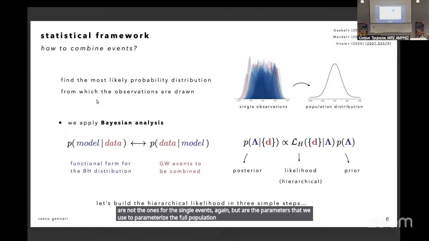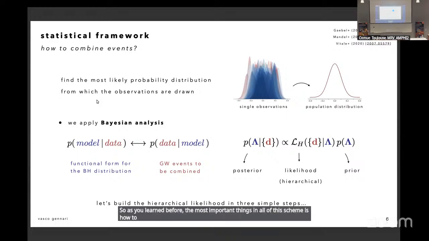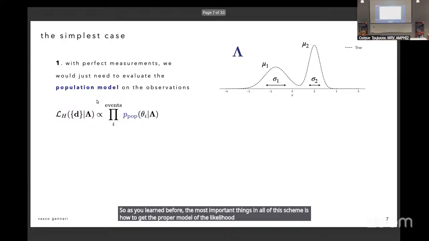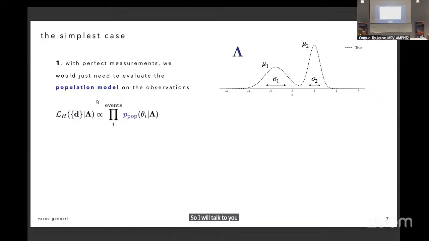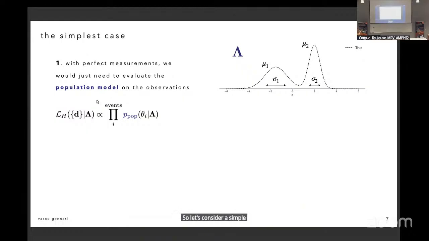So as you learned before, the most important thing in all of this scheme is how to get a proper model of the likelihood, which is what we're going to do now. So I will talk to you about how to derive a very general formulation of the likelihood, starting from a simple case. So let's consider a simple case in which you can see here in the top right, we have a population.